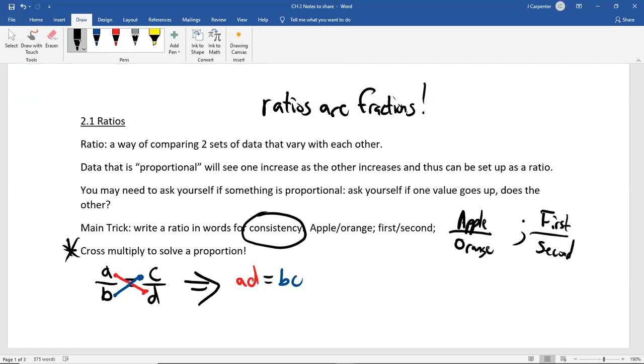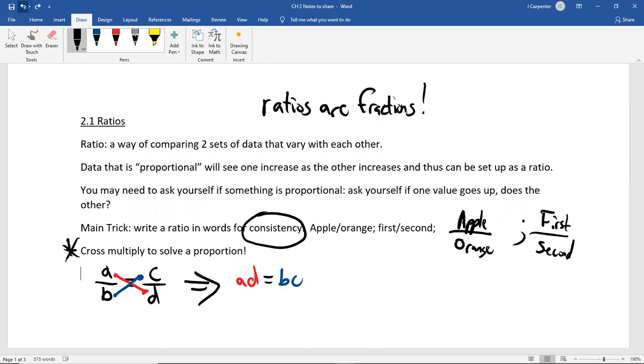It is this idea right here that makes it so it doesn't matter whether you did apples over oranges or oranges over apples as long as you're consistent. Because the whole idea of the tops and bottoms is going to go away; there's not going to be any more fractions once you hit this point. So if you did apples over oranges, you're not going to be able to tell that anymore once you hit this point.